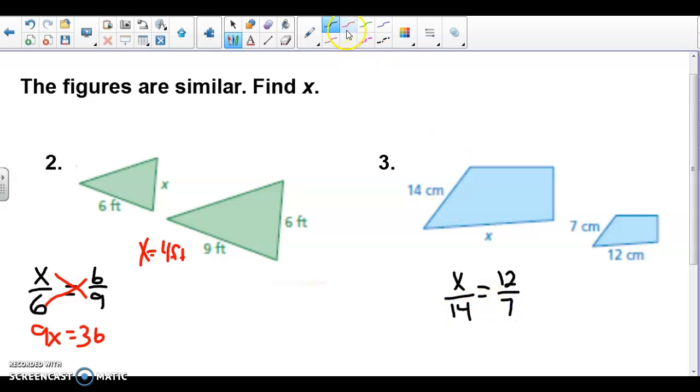And then I would cross multiply from here. So 7 times x would be 7x. 14 times 12 would be 168. And when I divide both sides by 7, I would get x equals 24 centimeters.